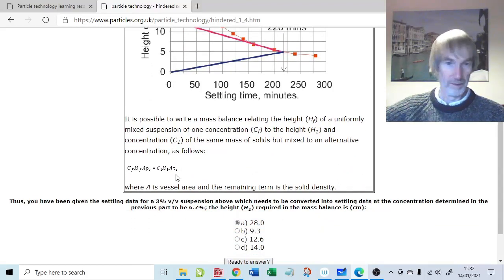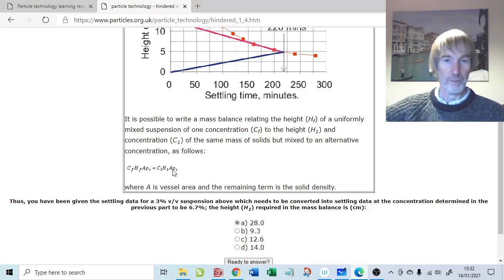If you have a concentration multiplied by a height, so initially our starting value would have been 3% by volume times a height of 28 centimetres times the area, that would give us metres cubed of solids, and then that would be equal to another concentration times a height times the area, again metres cubed of solids.